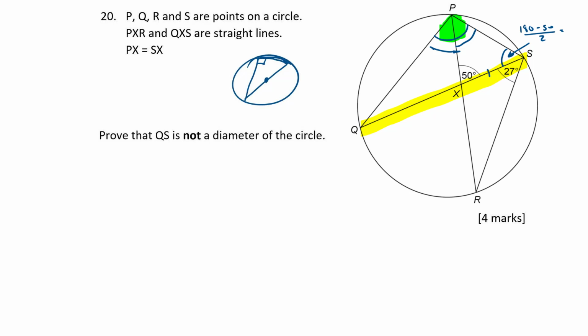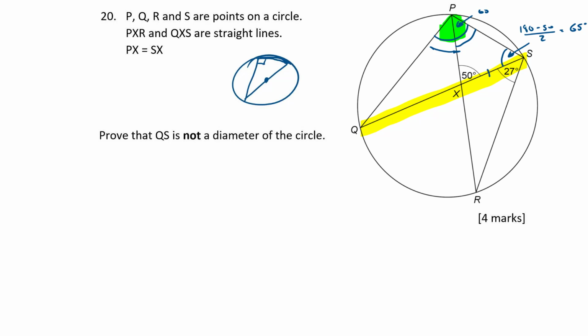So 180 take away 50 is 130, and 130 divided by 2 is 65 degrees. So that one there is 65, which means this part over here, RPS, must also be 65 degrees.